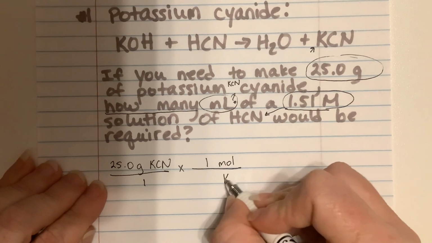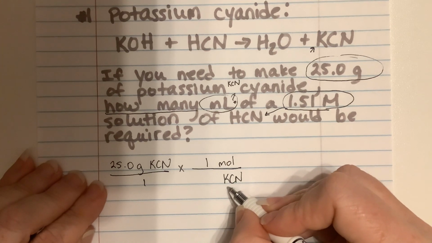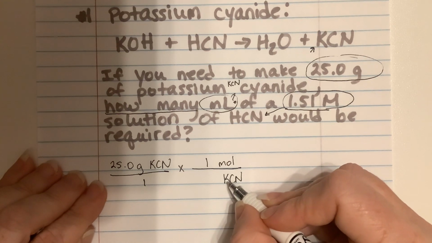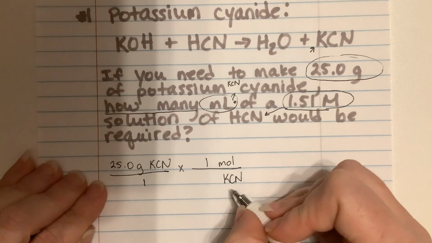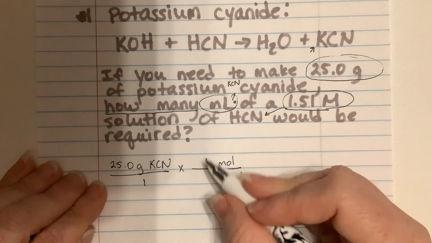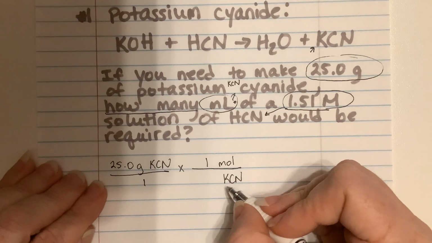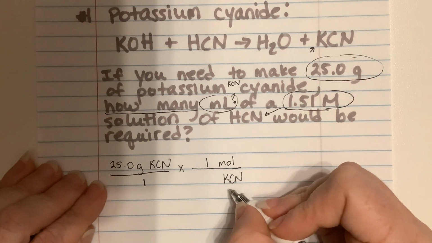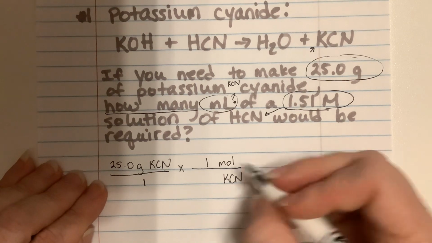I'm going to put KCN, and now remember, you go to your periodic table, and we're going to see what these numbers are, and we're going to add them all together. It's the atomic weight. It's the little number that is literally right under the letter. It's not the number on the periodic table, like hydrogen is a 1, but the weight is 1.01. So you're looking for the number that's right underneath. I already have that written down over here.